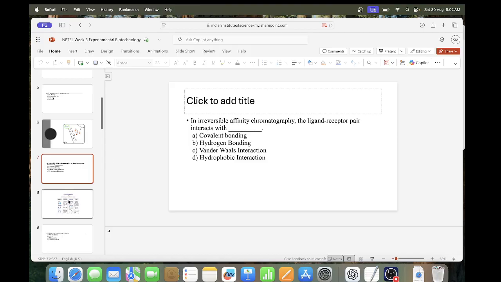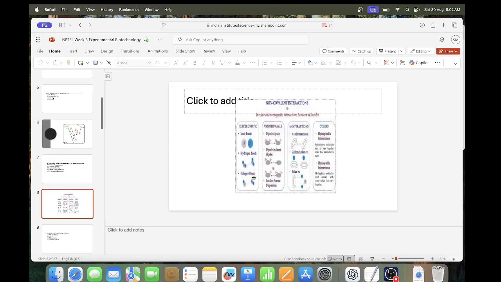Whereas your non-covalent bonds are one of these types: either electrostatic, van der Waals, pi-pi interactions, or hydrophobic or hydrophilic interactions.